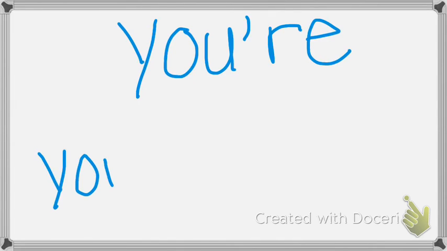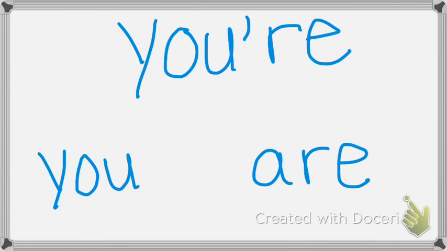The next word is you're. I like that you're so nice to everyone. You're. Showdown, you're. Oh my goodness, boys and girls, I'm sorry. You're. You're is a contraction of the words you and are.